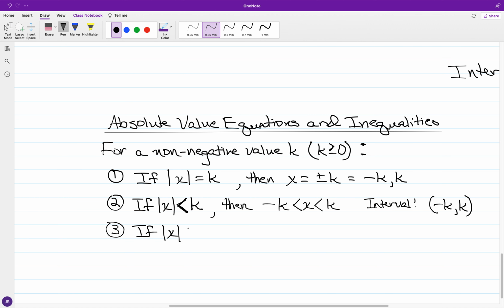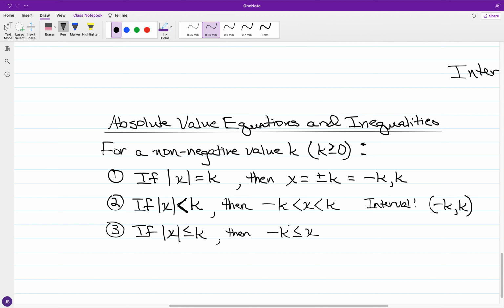And heading in the same direction, but this time including k, if the absolute value of x is less than or equal to k, then you're going to have another compound inequality, but negative k and k will be included.